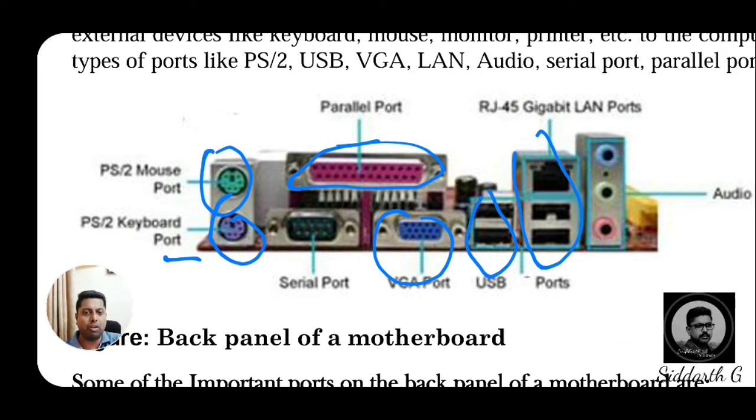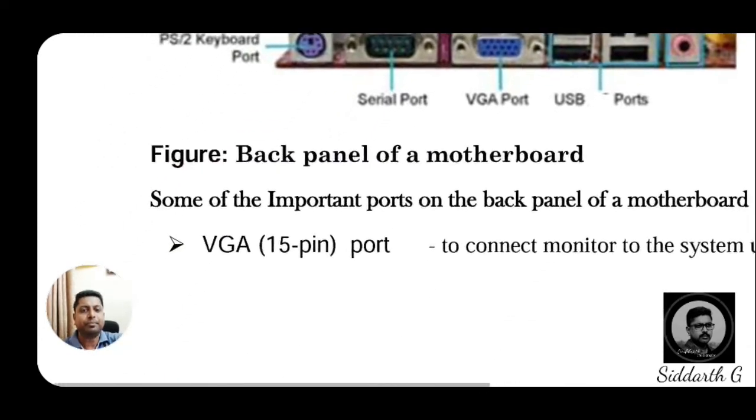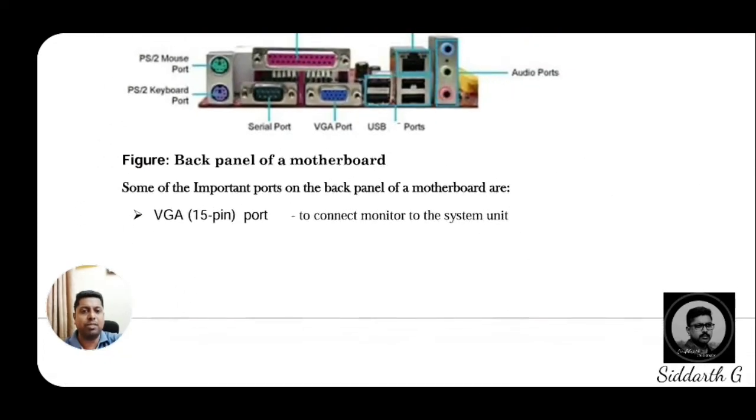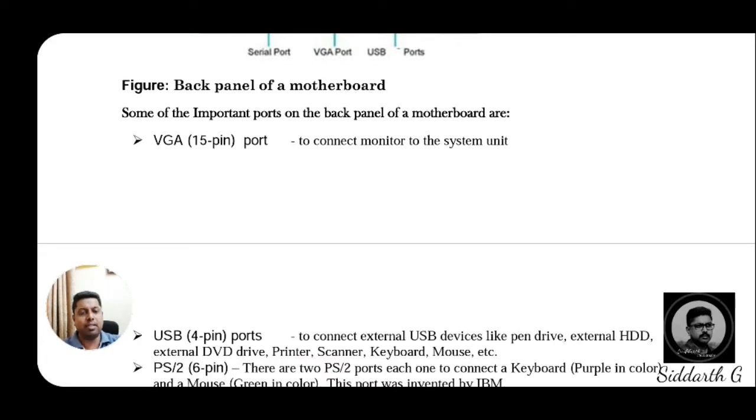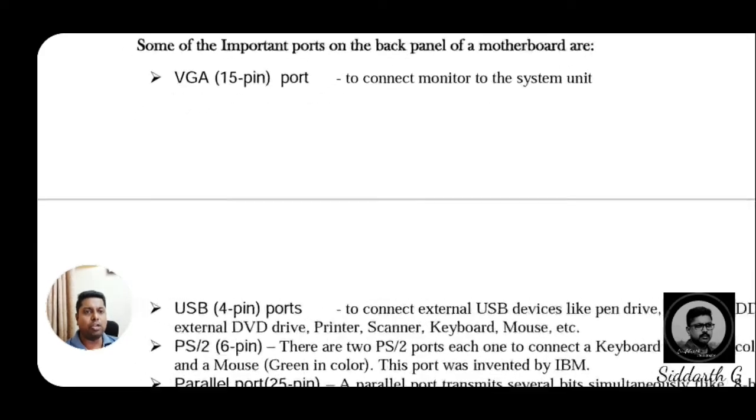If you closely observe the back panel of the motherboard, these are the types of devices you can identify. Now here is some description of those devices, very briefly. The VGA 15 pin port connects the monitor to the computer system.